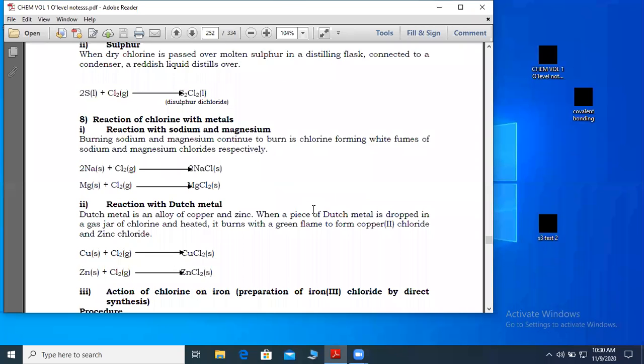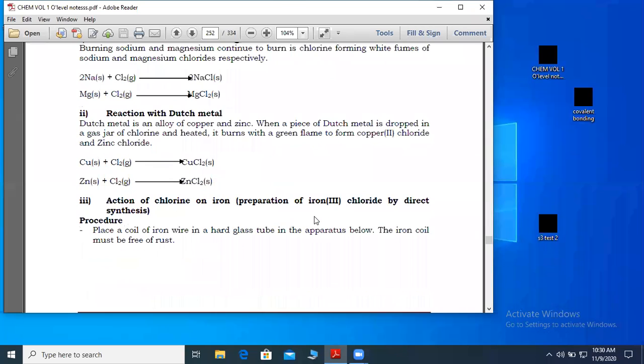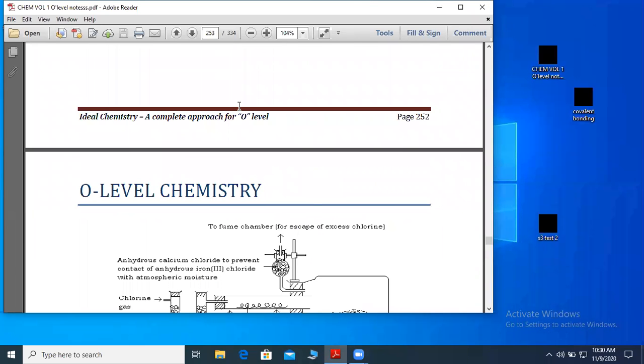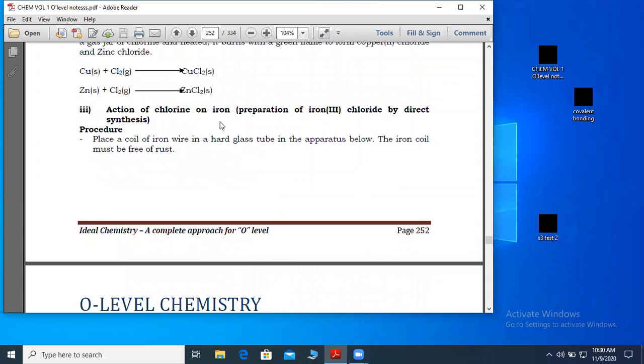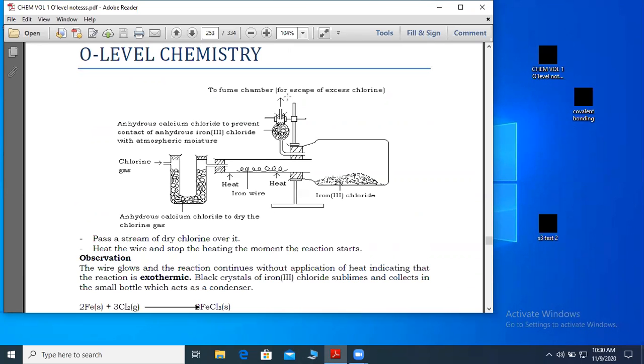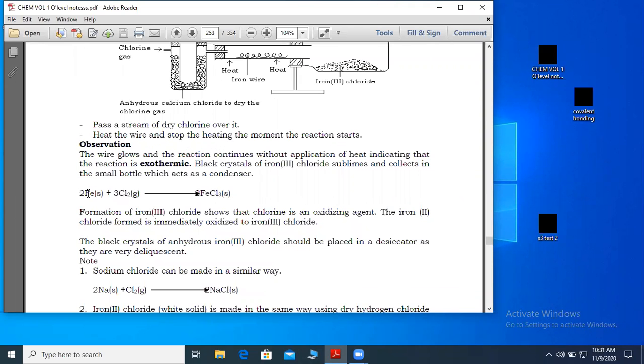This one we looked at. I just want to remind you that we also looked at the action of chlorine on iron. Action of chlorine on iron, we said the product is iron 3 chloride. Take note.